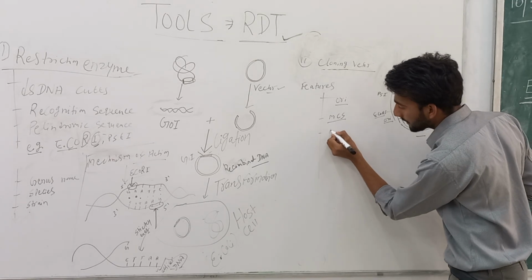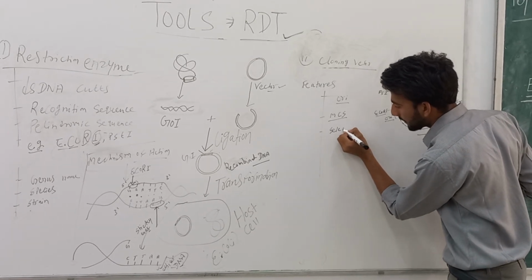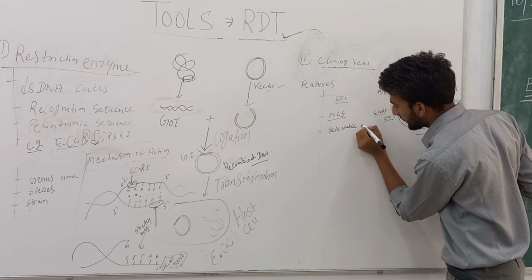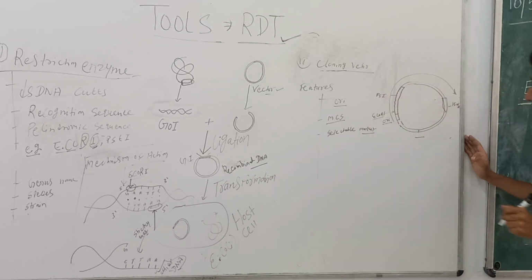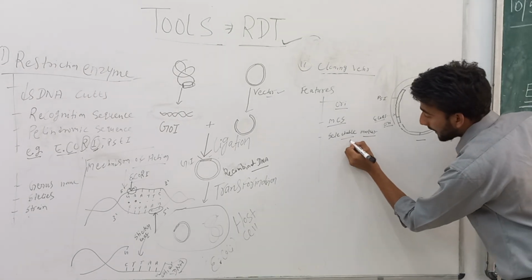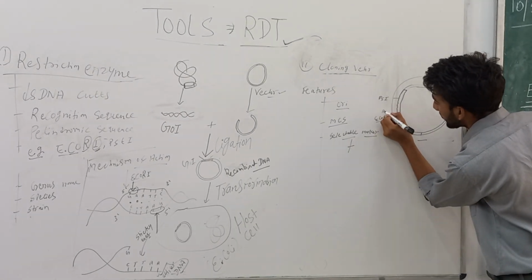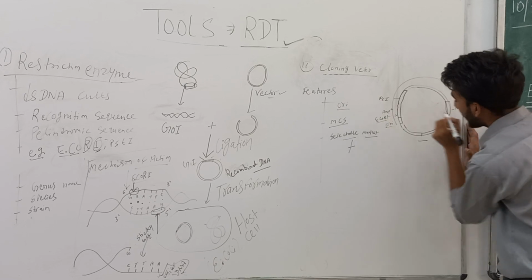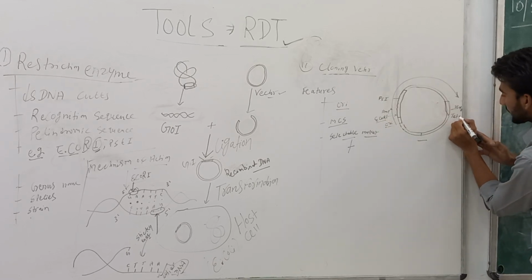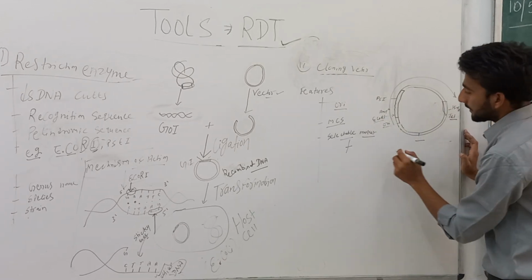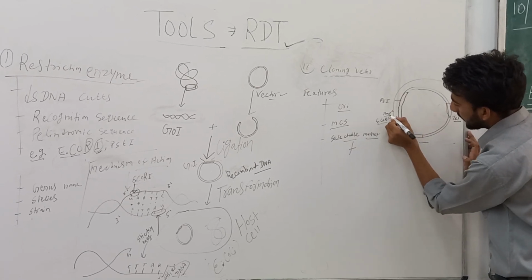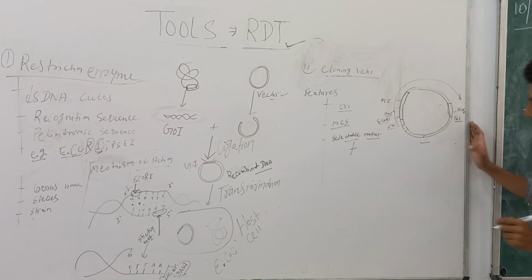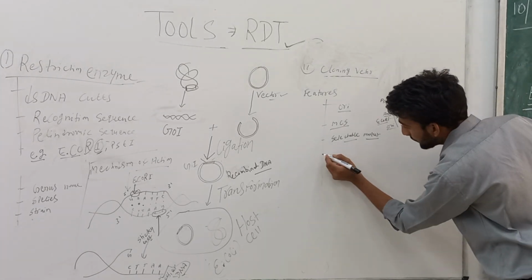The third is selectable marker. Selectable markers are specifically antibiotic resistance genes, like ampicillin and tetracycline. They are placed in restriction enzyme sites. So what will they do?